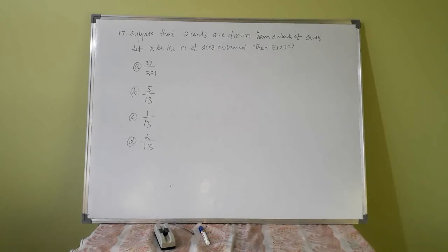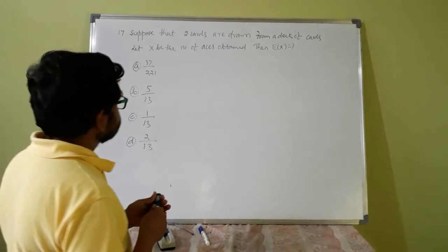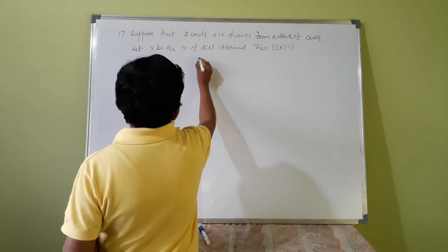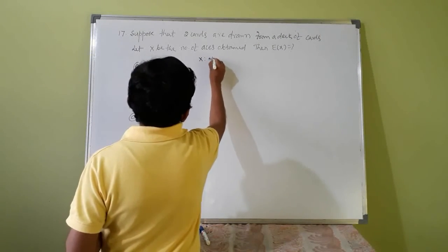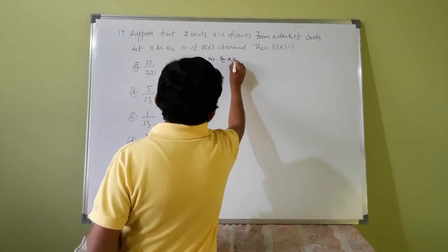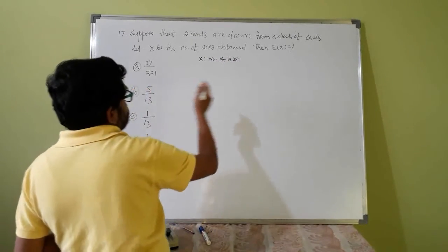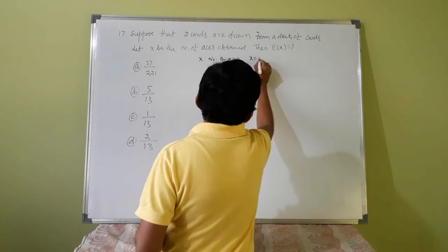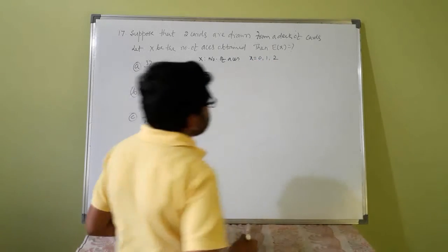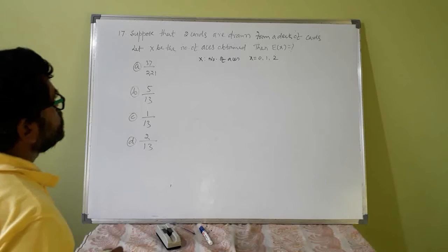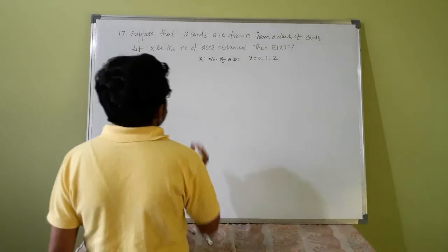Okay. Suppose that 2 cards are drawn from a deck of cards. Let x be the number of aces obtained. Then expectation of x is, see, x be the number of aces, so x can take 0, 1 or 2, isn't it?